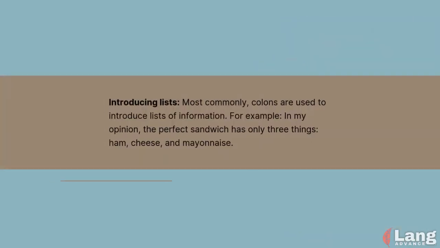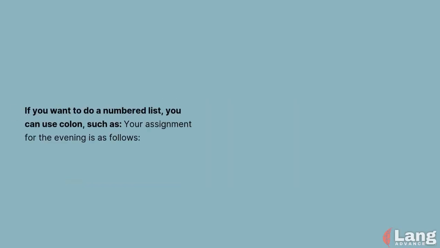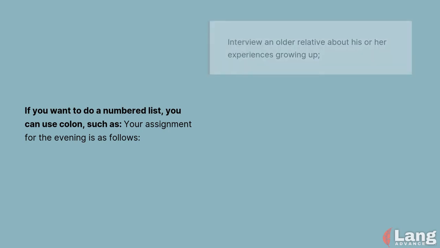Introducing lists. Most commonly, colons are used to introduce lists of information. For example, in my opinion, the perfect sandwich has only 3 things: ham, cheese, and mayonnaise. If you want to do a numbered list, you can use a colon, such as: your assignment for the evening is as follows: 1.